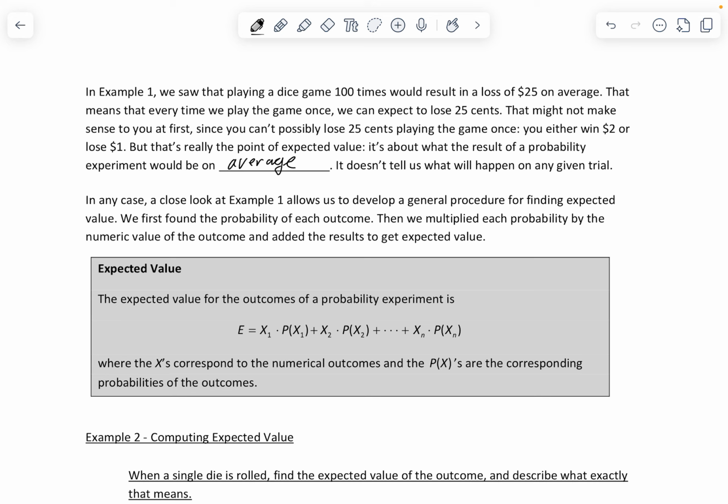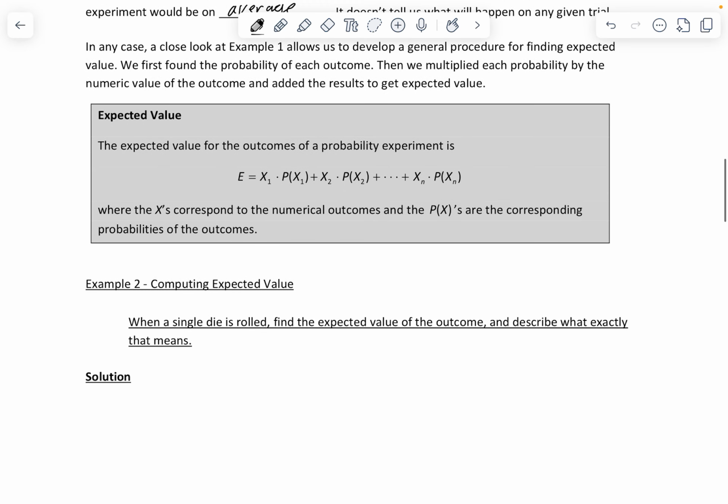Okay? In any case, a close look at example 1 allows us to develop a general procedure for finding expected value. We first found the probability of each outcome. Then we multiplied each probability by the numeric value of the outcome and added the results to get the expected value. So we can use that to come up with a formula for expected value. The expected value for the outcomes of a probability experiment is given by this formula right here.